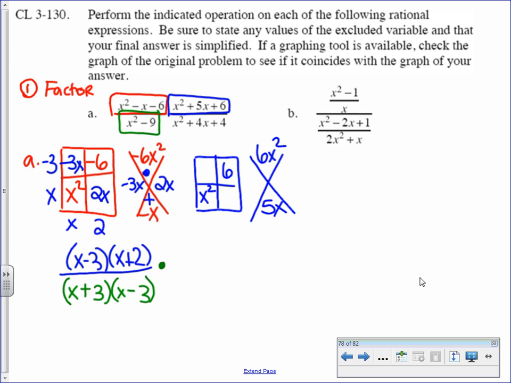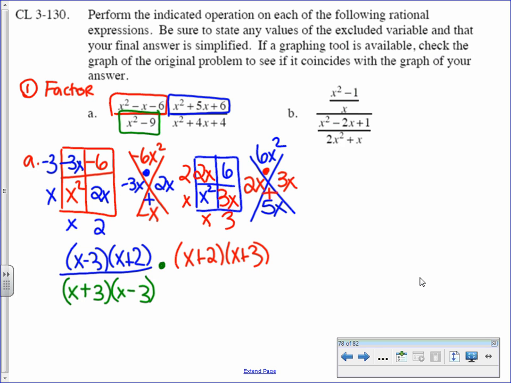Okay, so 6 is the multiplier, 5 is the adder. I know 2 times 3 is 6, and 2 plus 3 is 5. So I'm going to have 2x and 3x. I'm going to fill that in, which pulls out a 2x, x, 3, leaving factors of x plus 2 times x plus 3.